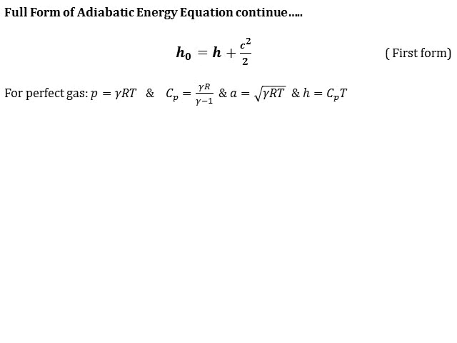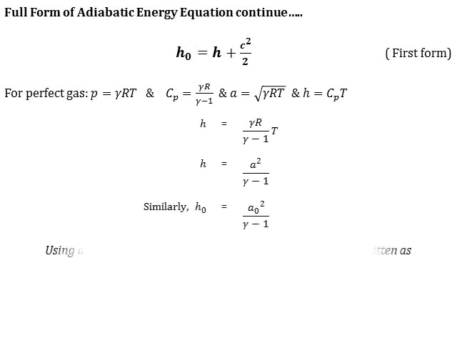A is equal to root of gamma RT is the simplified form of velocity of sound, and H is equal to Cp multiplied by T is valid for a perfect gas. Using these equations, we modify the first form of adiabatic energy equation to arrive at the following final equation.